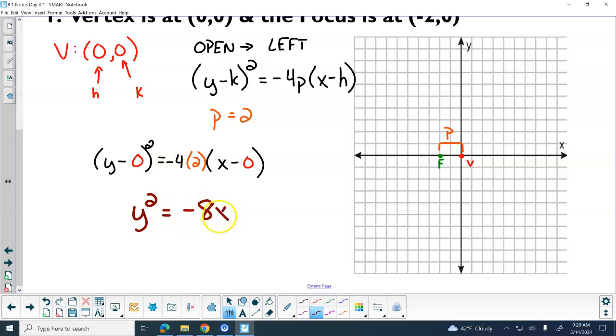X minus 0 is just X. And there's my equation. Awesome.